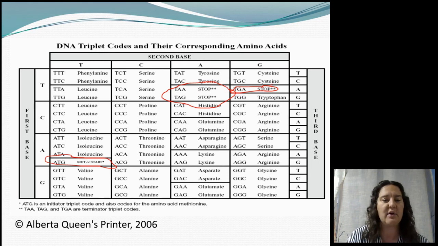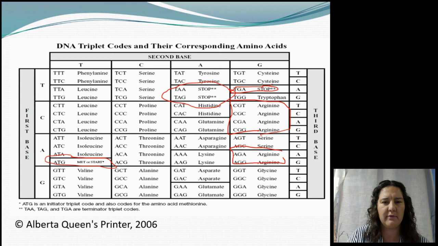Our DNA is also redundant. As we can see, there are lots of different DNA codes for some of these amino acids. So for example, we can have arginine coded for in these 4 different triplets, as well as these 2 down here.